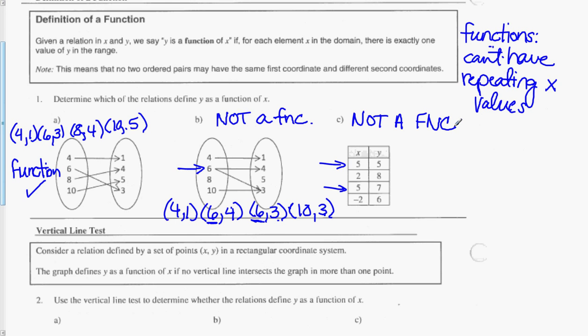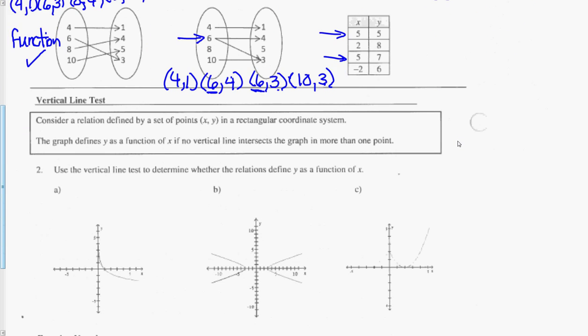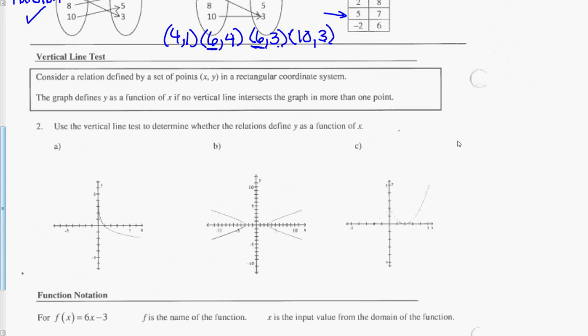All right, when we're looking at graphs, this is going to be one of the easiest things we do all semester long. It's wonderful. When we're looking at a graph and trying to decide if it's a function or not, we're going to do something called the vertical line test. We need to remember a vertical line goes straight up and down like that. On a graph, you're going to take a vertical line. If you can draw a vertical line anywhere on the graph and you touch only one place on the graph, then it is a function.